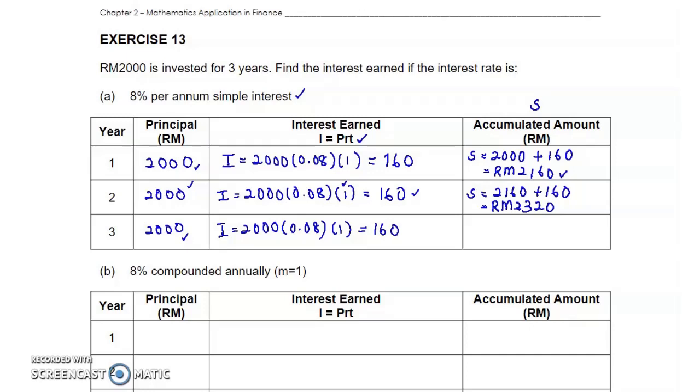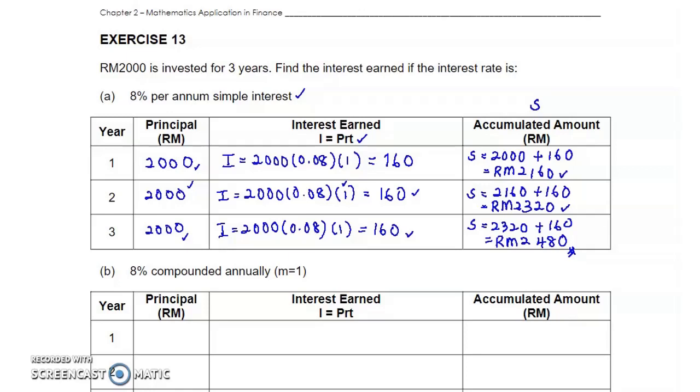So at the end of year 3, how much will you have? Previous year you already had 2320. Year 3 you earn another 160 ringgit of interest. So at the end of that year, you already had 2,480 ringgit.